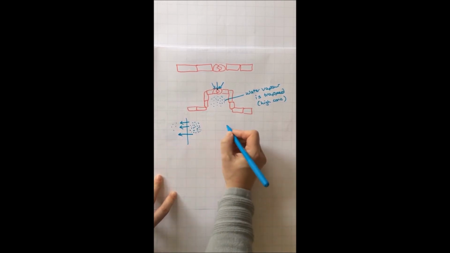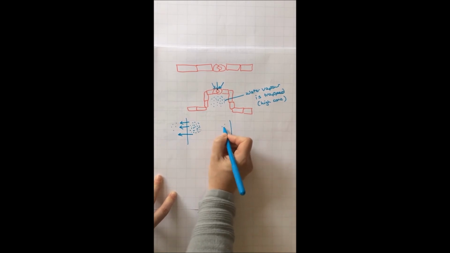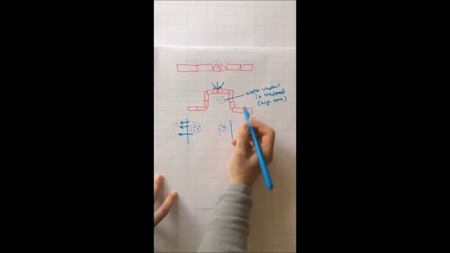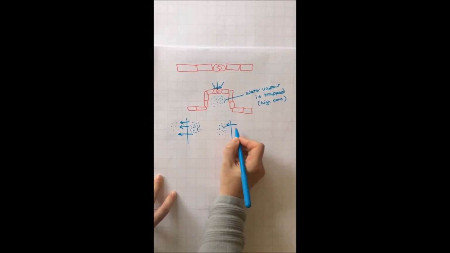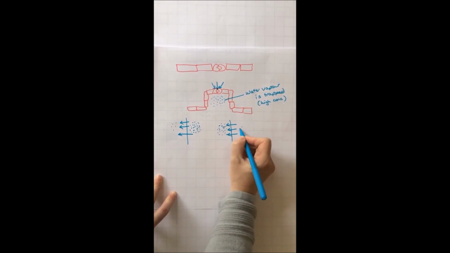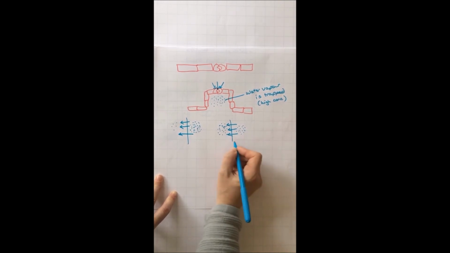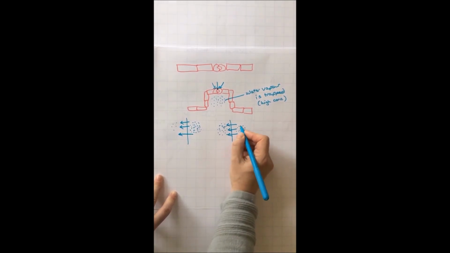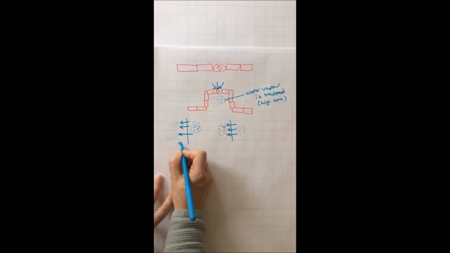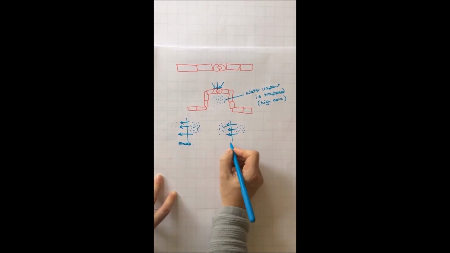If, however, I have a greater amount of water on the outside, like I've got in this example here, then actually less water will move from high to low because the gradient here is less steep than here. So this is a steep gradient and this is less steep.